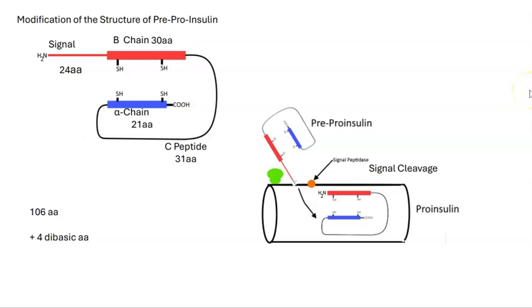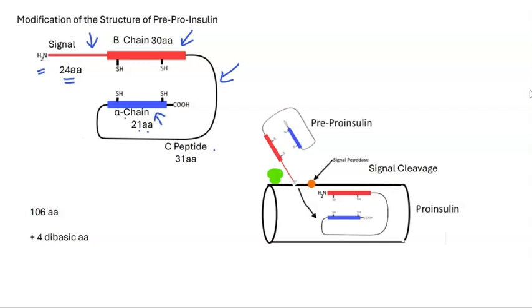So if we look at those 110 amino acids, the first section is known as the signal sequence, which is composed of 24 amino acids, and this is at the N-terminal of the polypeptide. Then there's the so-called beta chain, which is composed of 30 amino acids, a 31 amino acid C-peptide, and ending in a 21 amino acid alpha chain.